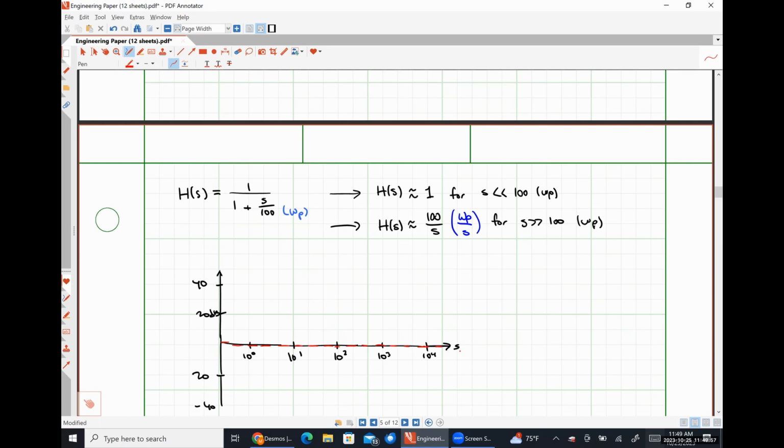This is the part corresponding to h of s is equal to 1. This is just going to be whatever 1 over s looks like. And then we add 20 decibels to it, or 40 decibels to it, because we're at 100. So at 10 to the 0, it should start at 40.